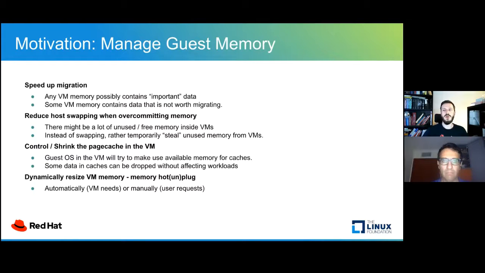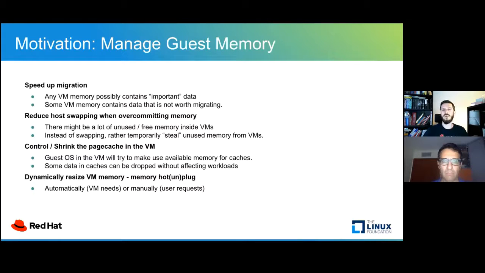But of course, some data in caches can be dropped without affecting any workload. From a hypervisor point of view, it's absolutely not clear which memory used for a cache inside a virtual machine can actually be dropped. And there's also no real interface to drop these caches.